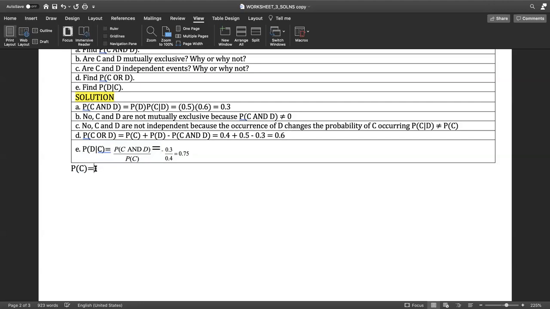This is equal to, let's see, I guess what I want to do here is multiply. So probability of C times, actually, let me do it this way, and then you'll see it. Probability of C and D.